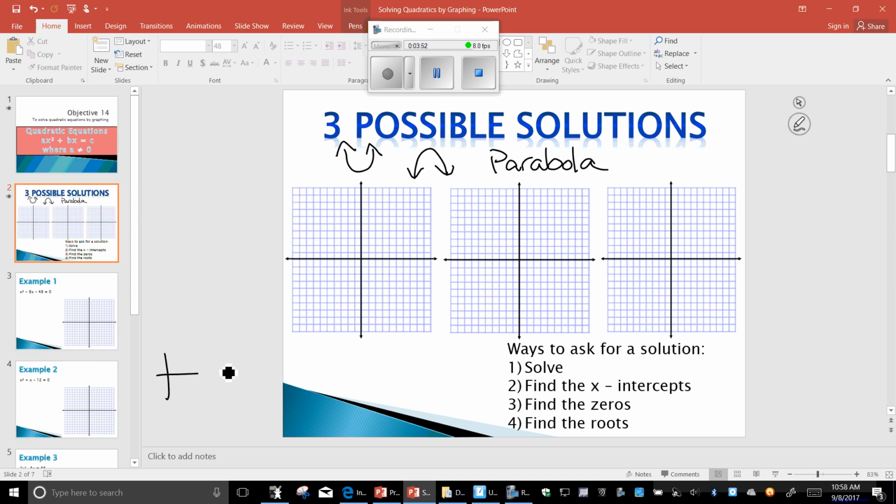You can just draw these on your paper, you don't have to draw all the grids. So the first one we graph might look like this.